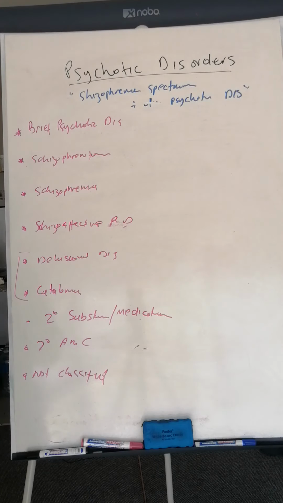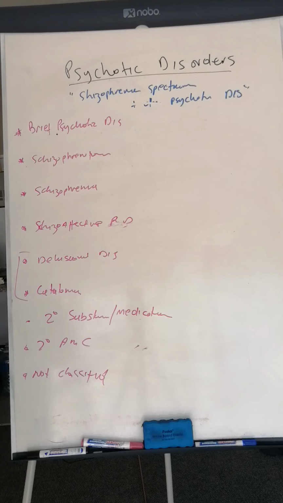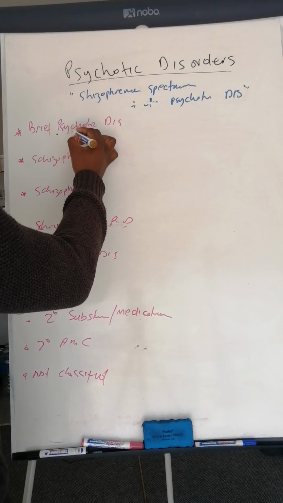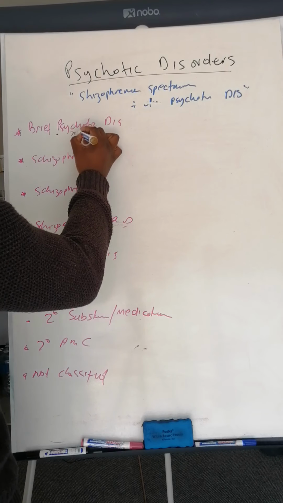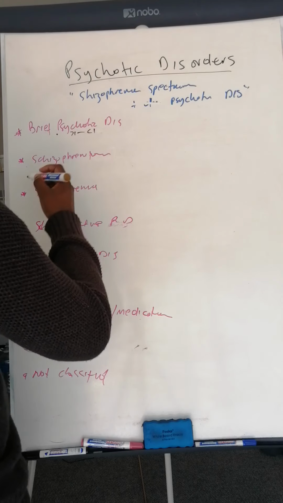For us to say that a patient has got a brief psychotic disorder, it must be someone who's presenting with signs and symptoms of psychosis, number one. Number two, those signs and symptoms must be more than 1 day up to just less than a month. Some say a month.